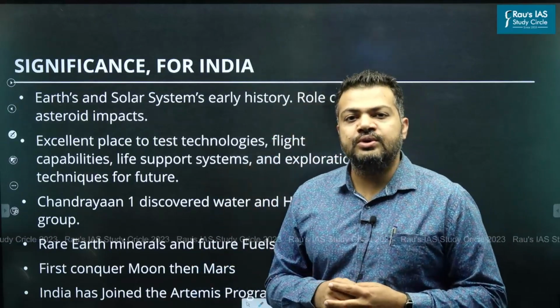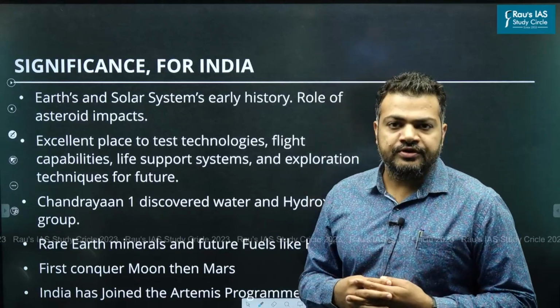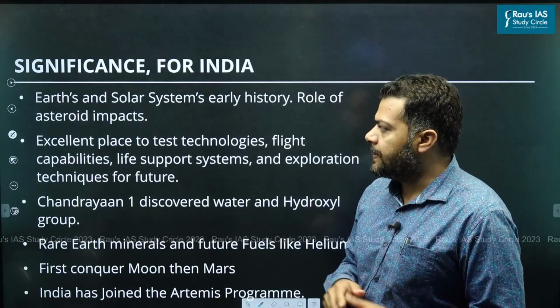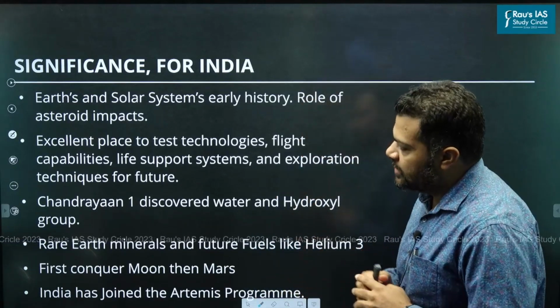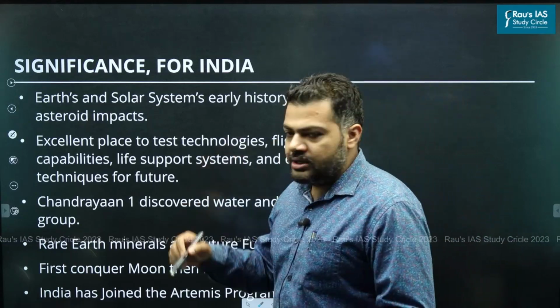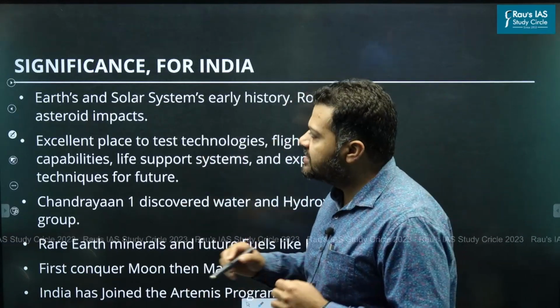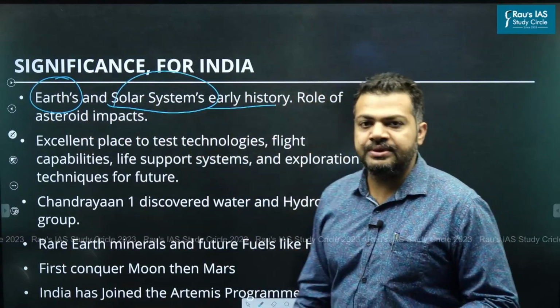Now let's try to look at how this particular achievement of India can work out for us in future. So what is the big advantage that we have on a lunar mission is that when you land onto the moon, you can definitely learn a lot about our Earth and the solar system's early history. You know why?